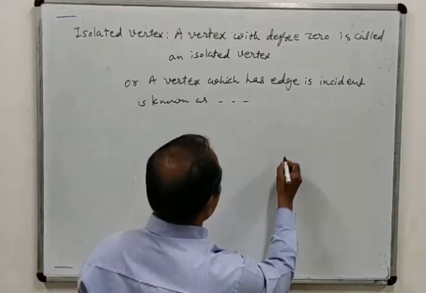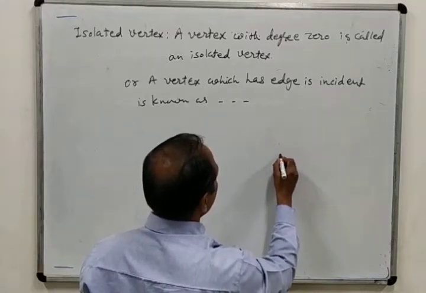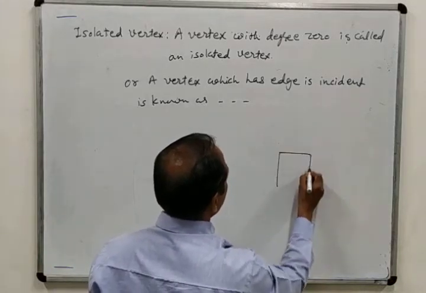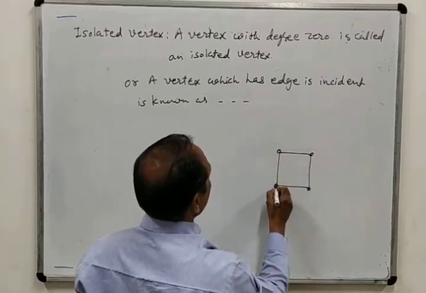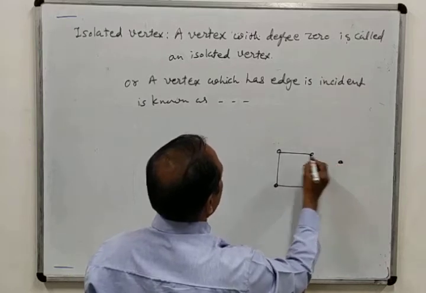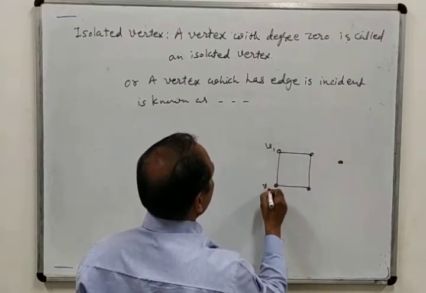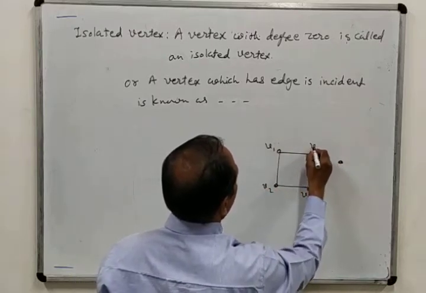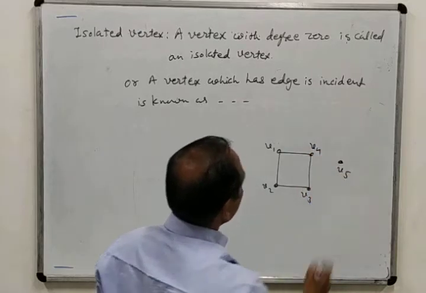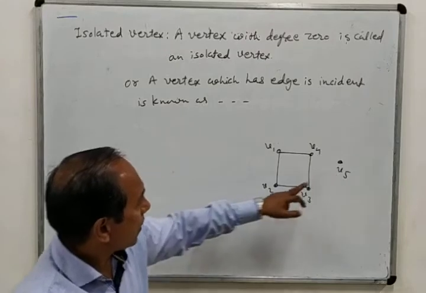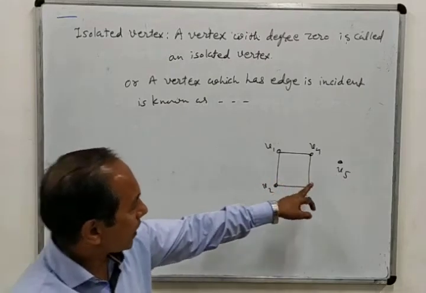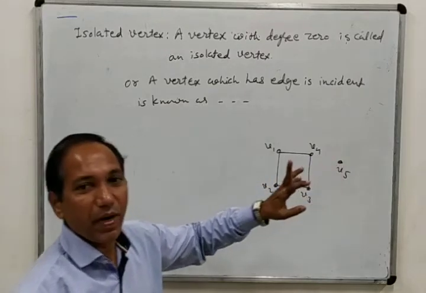Suppose we consider one graph, say, this is the vertex, this is the vertex, this is the vertex, and one more vertex here, V1, V2, V3, V4, and suppose it is V5. So we can see here that the vertex V5 has degree 0 because there is no edge incident with V5.